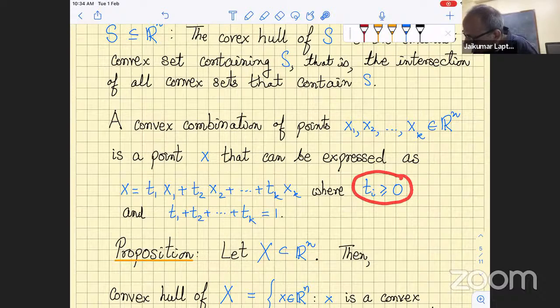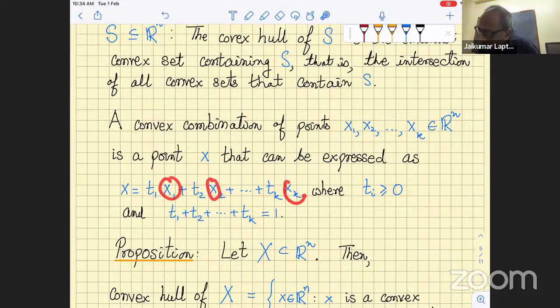First of all, the coefficients should be all non-negative, and they must add up to 1. So it is an average of these points. You take the average of any set of points, that is called a convex combination. In the average, you can assign different weightages to the different points. So that is called a convex combination of the points x1, x2, and x3.